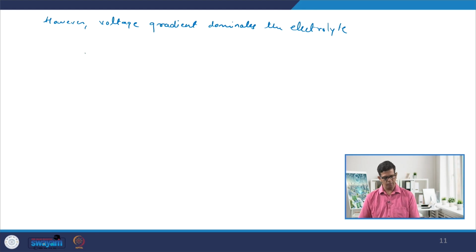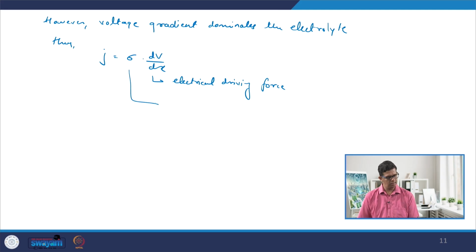And how do we write this up in case of current density? So I can write this like this. Thus, this current density is a function of one parameter called sigma times dV by dx. Now, what is this sigma and dV by dx? As we know, this dV by dx is your electrical driving force.